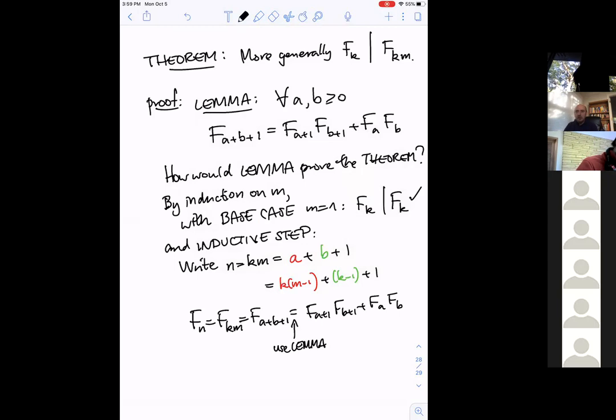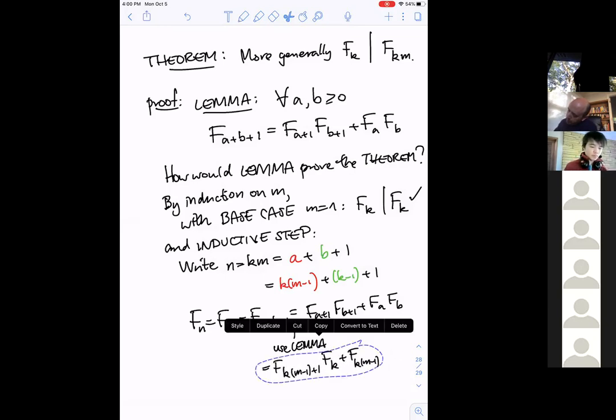Now let's see who these are. a plus 1 is k times (m minus 1) plus 1. b plus 1 is just k, because b itself was k minus 1. On the other hand, a is k times (m minus 1), and the b is k minus 1.